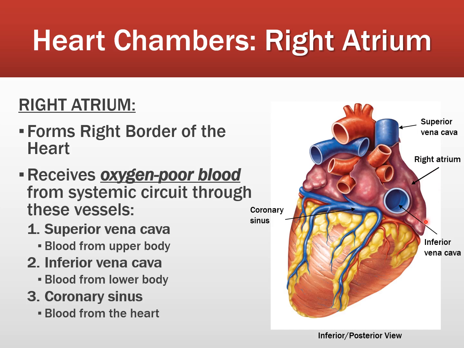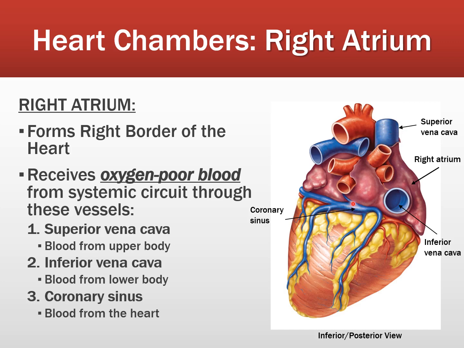It's going to receive that oxygen poor blood through a couple different vessels. If you notice, there's a big hole here, and that is the inferior vena cava. It's going to drain blood from the lower body. And then we have the superior vena cava up here that's going to drain blood from the superior or upper body.